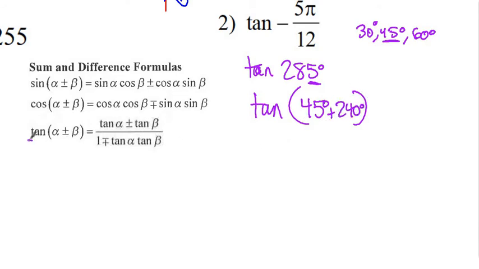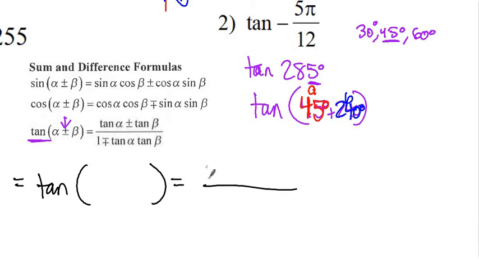Okay, here's our formula right here, and it's the sum formula, this top one. Let's use different colors here. We'll say the 45 is going to be our A angle, and the 240 is going to be our B angle. So let's expand this out. Tangent of 45, it's going to be plus, and then just fill in the skeleton outline of this.